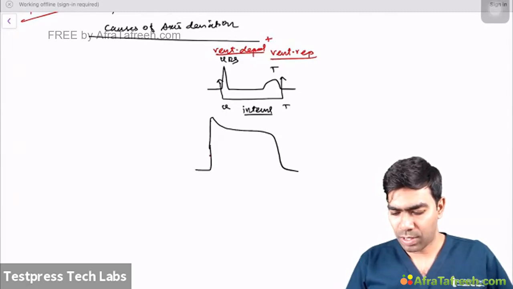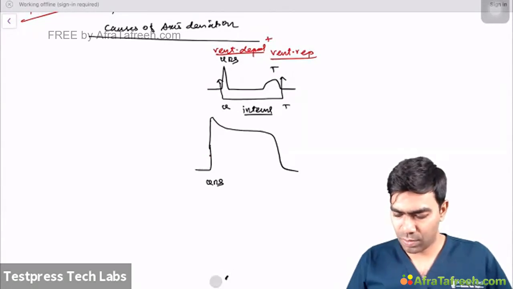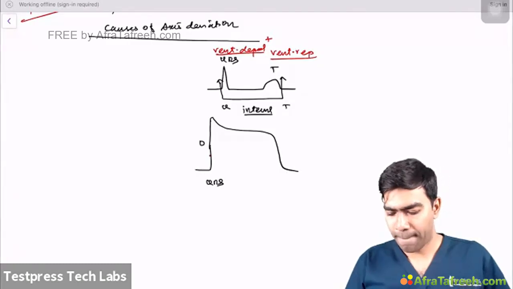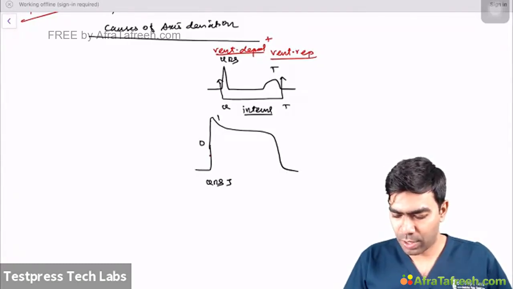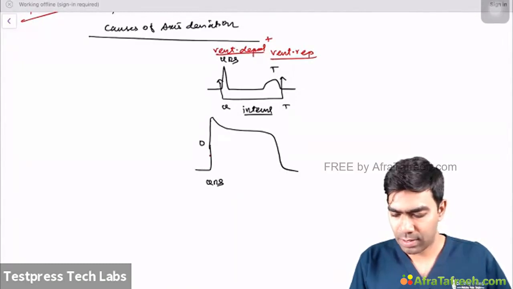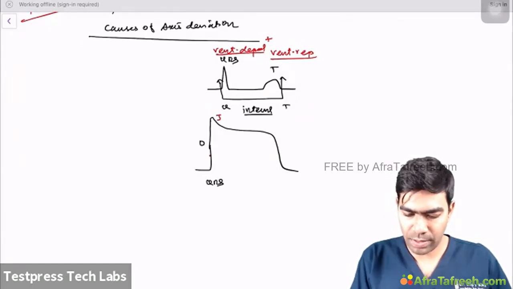the QRS complex in the ECG will correlate with phase 0. The J point will correlate with phase 1. So let me put in different colors so that you will be able to understand easily.